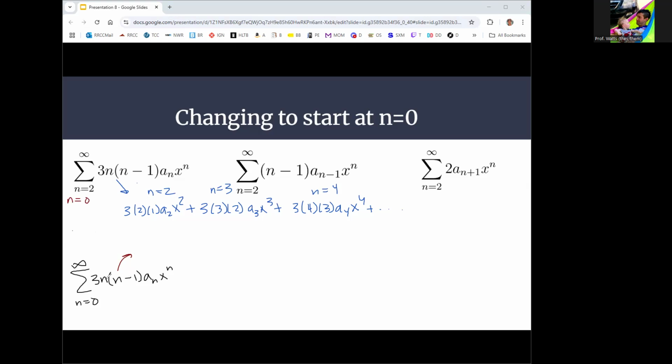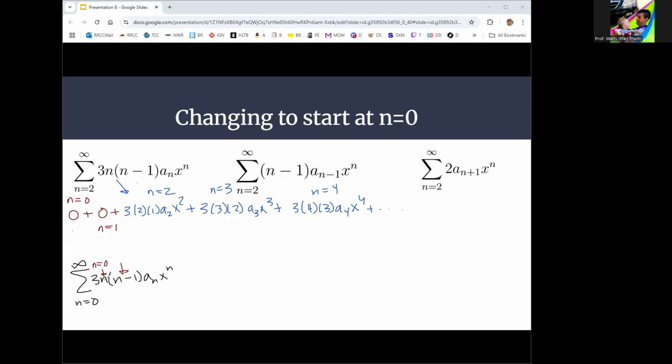But this one is going to add on the n equals 0 term. When n equals 0, you get 3 times 0 times negative 1, a0. And so it's actually 0 when n equals 0, because of that n right there. And then when n equals 1, it's also 0, and that's because of the n minus 1.